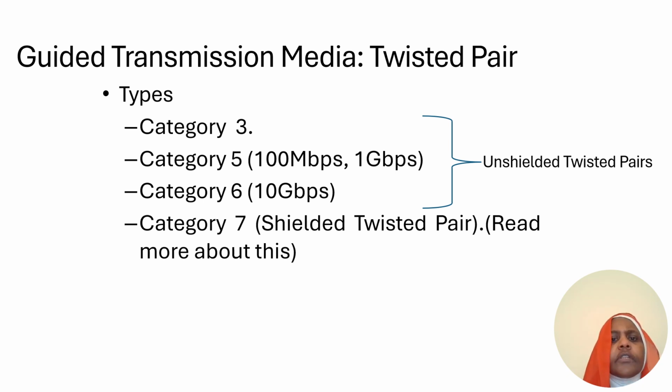Category 5 transmits from 100 megabit per second to 1 gigabit per second. Category 6 transmits up to 10 gigabit per second. Category 3, 5, and 6 are all called unshielded twisted pair, while category 7 is a shielded twisted pair, and you should read more about this.